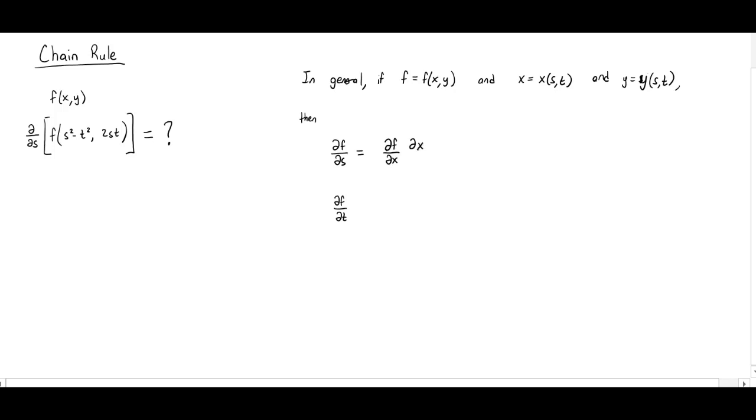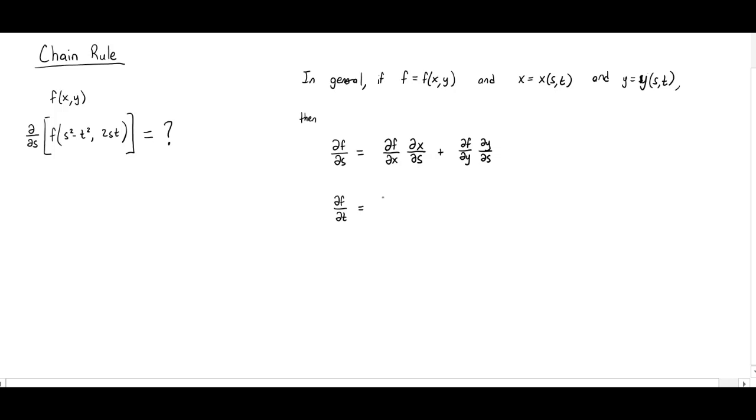Now we have two functions on the inside, x and y. So what we have to do is take the derivatives with respect to x and y, and then multiply them together, and then we have to add all of them up, okay? So this would be to get the partial derivative of f with respect to s.